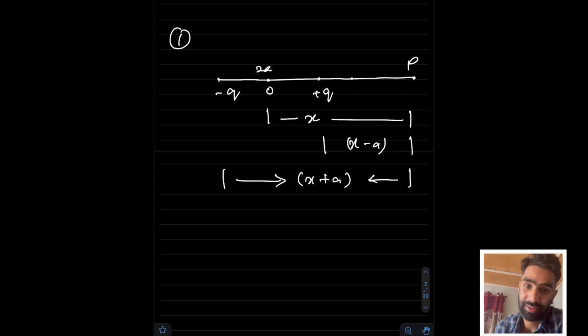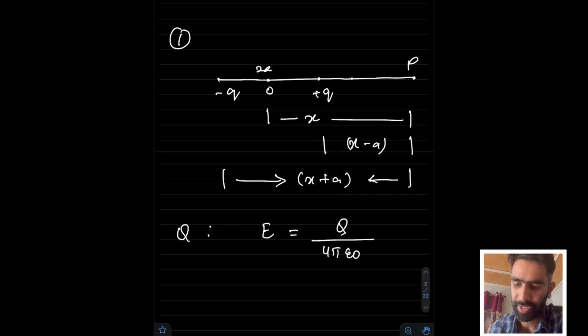We know that the electric field due to a point charge q at a point P, at a distance r from the charge q, is given by E is equal to q over 4 pi epsilon naught r square, where r is the distance between the point charge and the point of observation.